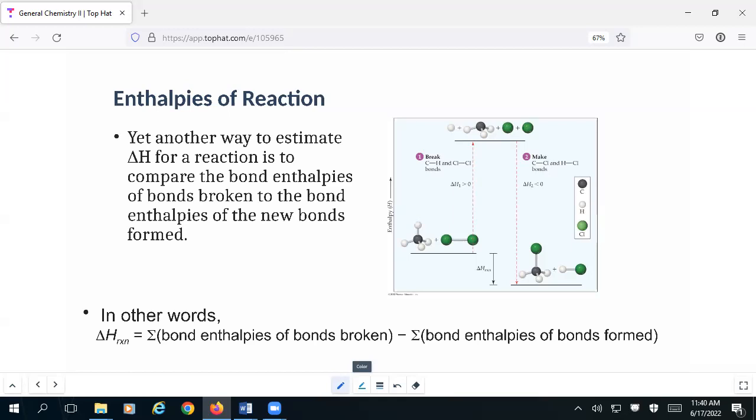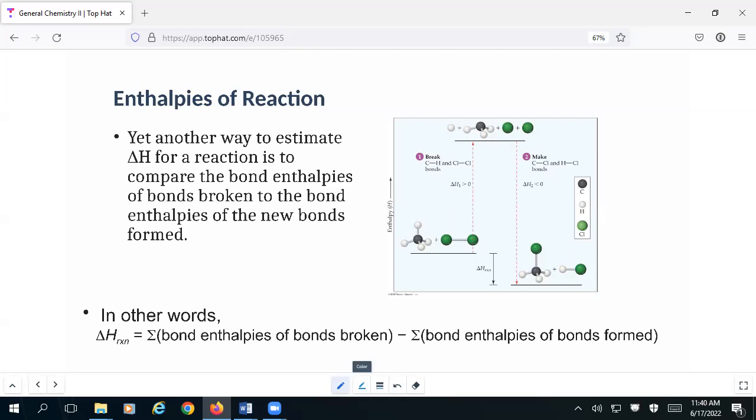And what it allows us to do is make these kinds of diagrams. This is called a Born-Haber diagram. Basically, it shows, okay, this is what we had at the beginning. I break the bonds. Here's my transition state. The bonds reform down here. Energy drops. I can see that there is a difference between where I started and where I ended.